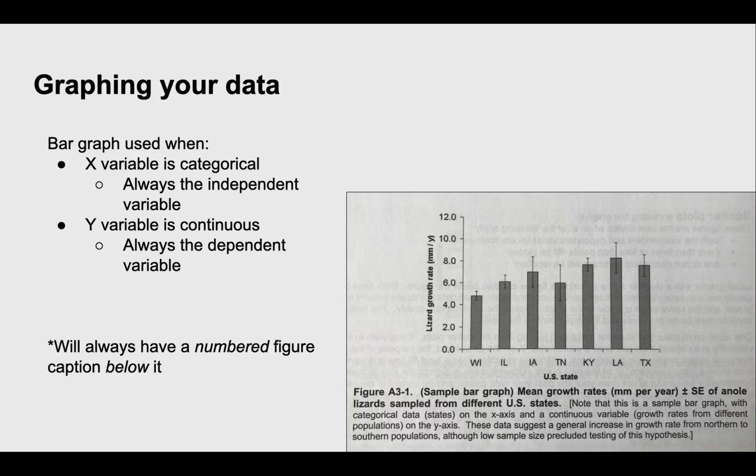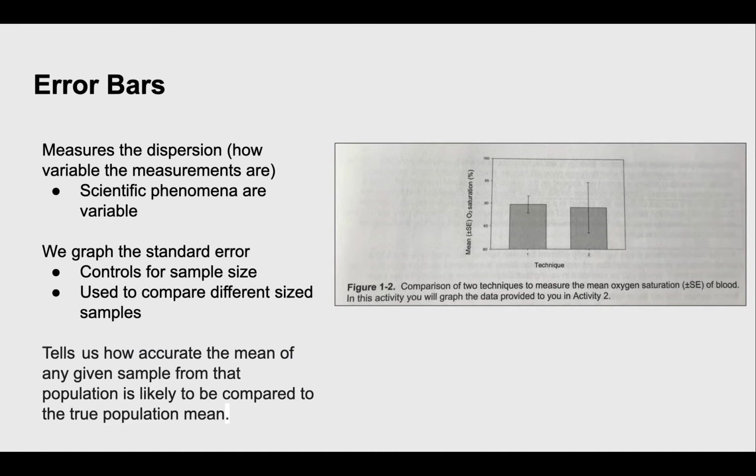Now, one of the other elements to the graph are error bars. We know that data is variable. There's going to be a little bit of error within our data here, and so we want to put that onto our graph. We're going to graph standard error. There are other ways that you could graph this variability, such as standard deviation.